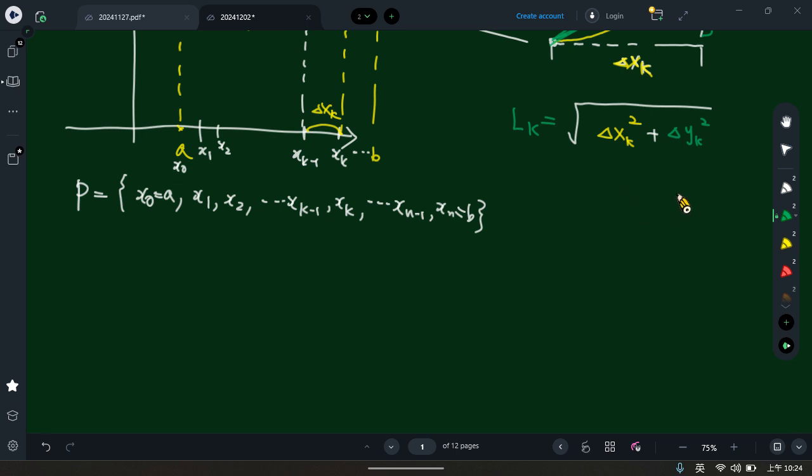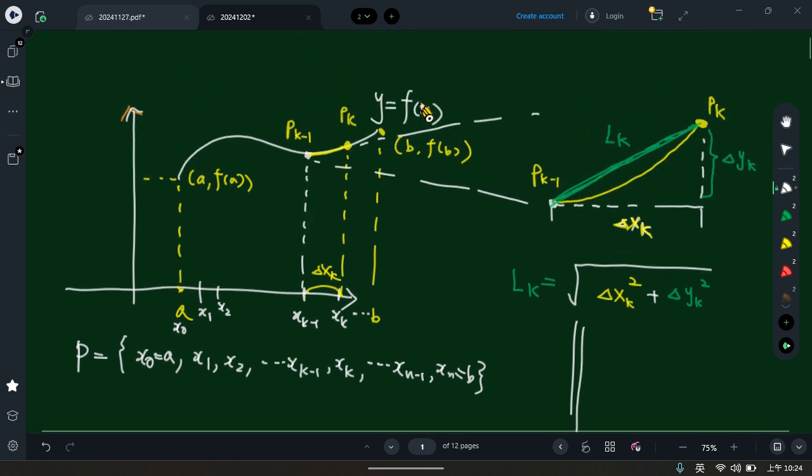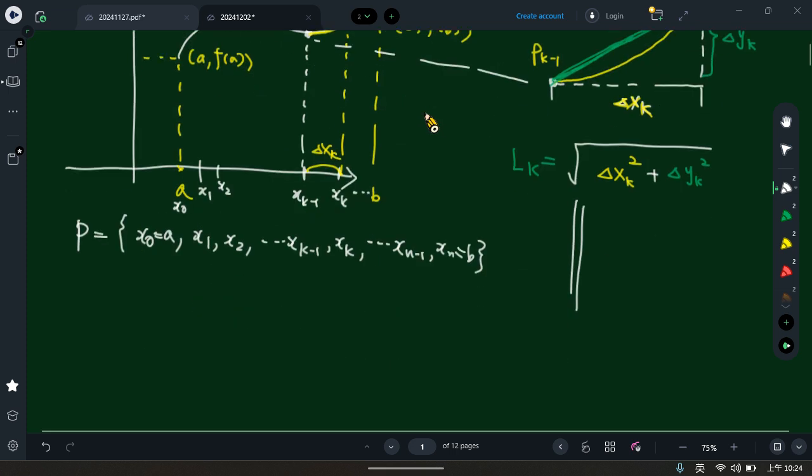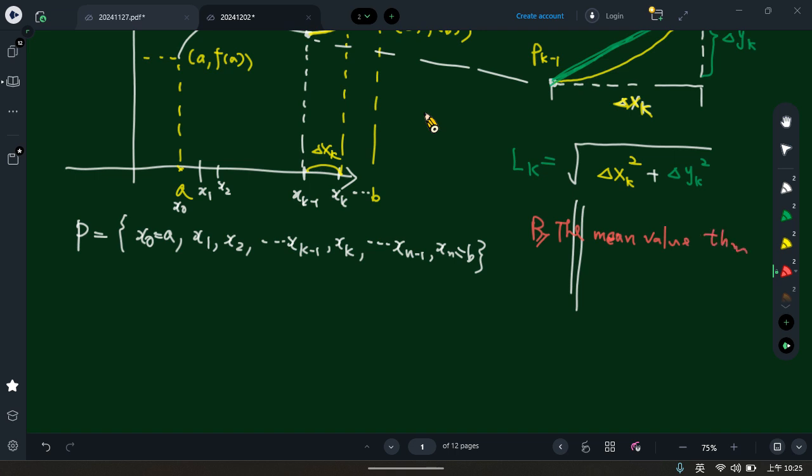So according to this Lk, we should assume the function is differentiable. So by the mean value theorem, we can find a ck in S(k-1) to Sk.